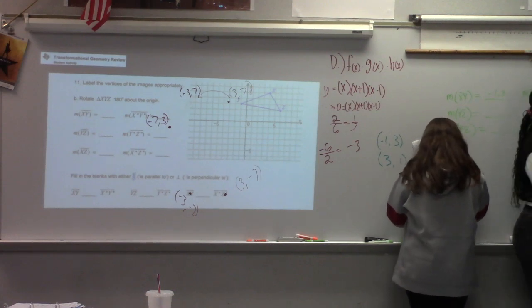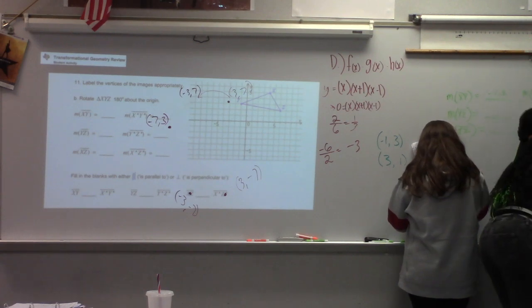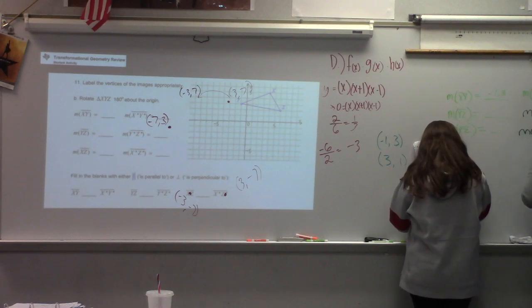The x and the y switched, right? And it had to be in this quadrant because it was 90 degrees clockwise. Now we need to do that 90-degree rotation again. So what's going to happen to the x and the y? They're going to switch again, but that would go backwards. We need to keep it going. When you go into this quadrant, it'd be to the right 1 and down.